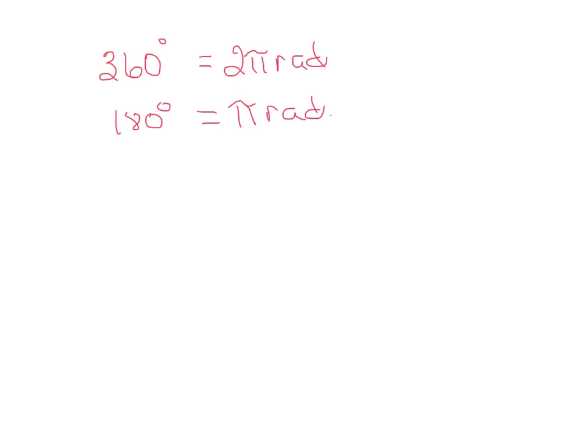If I want to figure out what 1 degree is, I'm going to divide both of these by 180. And 1 degree is equal to pi over 180 radians.